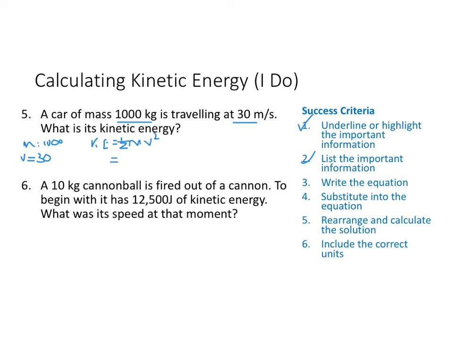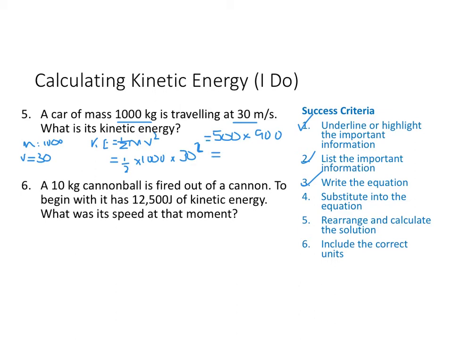Let's substitute into the equation now. We get a half, remember that's just a number, times 1,000 times 30 squared. If you haven't got your calculator, you might need to do 30 times 30. So that is going to give us 500 times 900, and 900 is 30 squared.